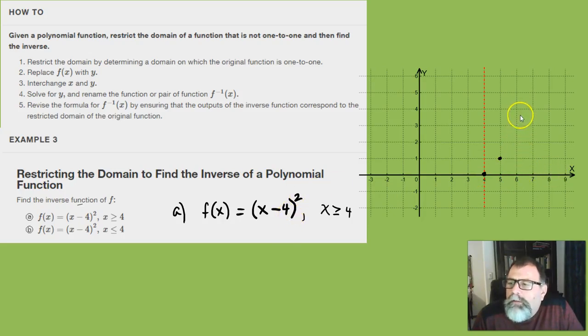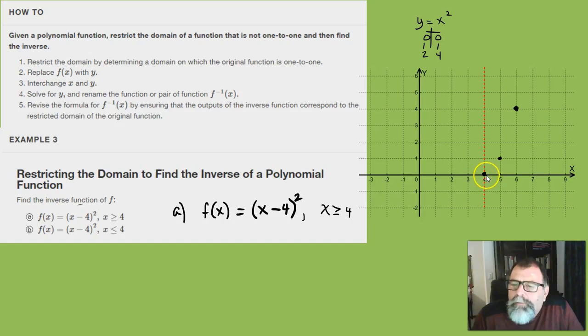And then if we put in 6, 6 minus 4 is 2, and 2 squared is 4. So remember how I said the way I do it, I say, okay, this is shifting to the right 4 units. So I put my pretend origin at 4, 0. And then I pretend this is just y equals x squared. So 0 squared is 0, 1 squared is 1, 2 squared is 4.